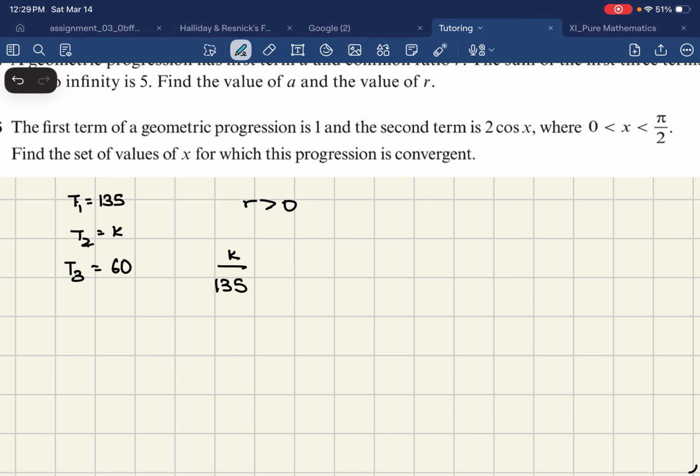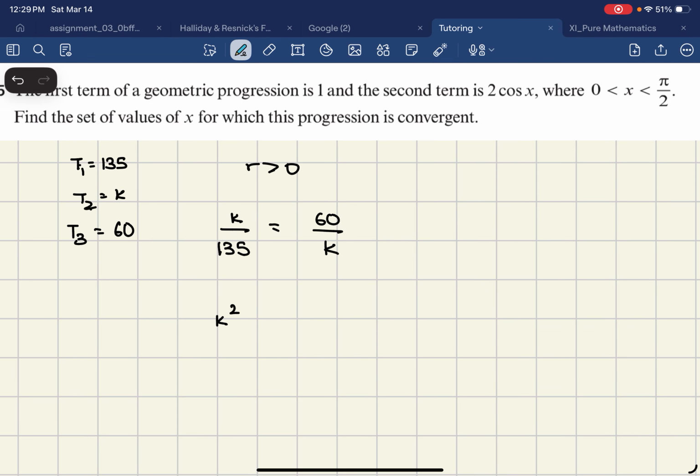So K divided by 135 is R, and T3 divided by T2 is also the common ratio. So now I get that K squared, if I cross multiply, gives me 60 times 135, 8100. So K has to be equal to, and remember, all the terms in the geometric sequence are positive, so we only want the positive answer. So K has to be equal to 90, I believe.